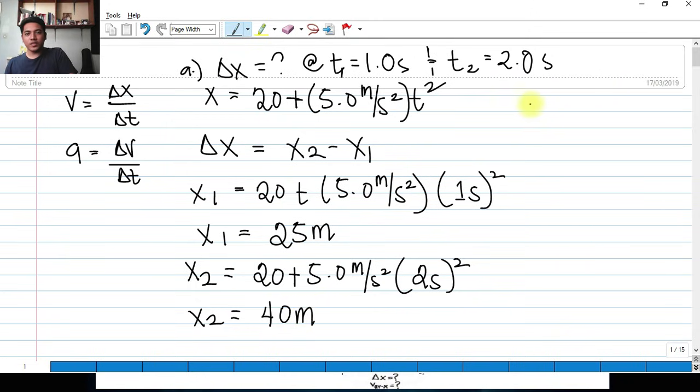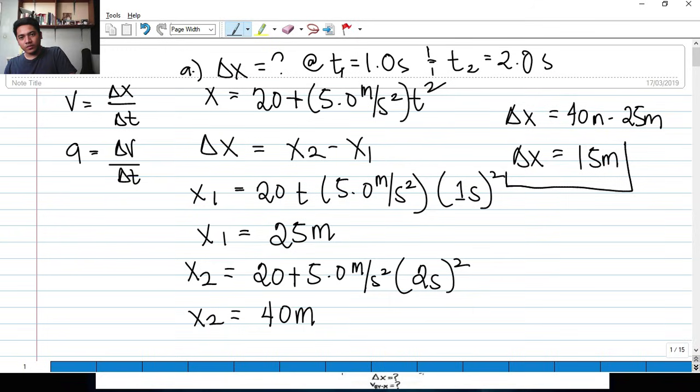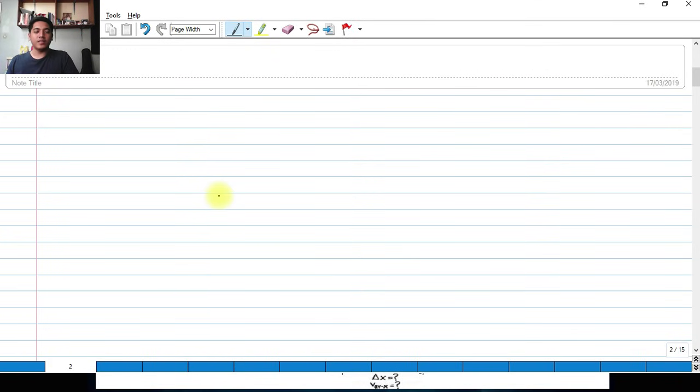So to get the cheetah's displacement, we use this formula: x2 is 40 meters minus 25 meters, and the displacement from t equal to 1 second to 2 seconds is 15 meters. Did you get it? Okay, yes.